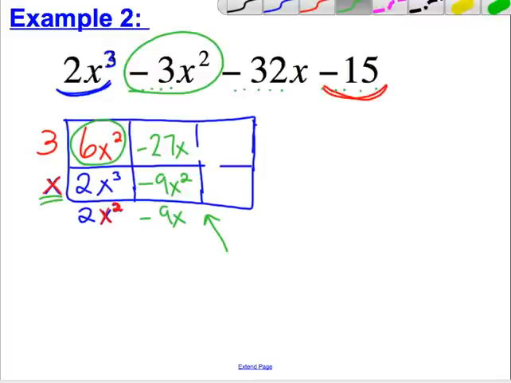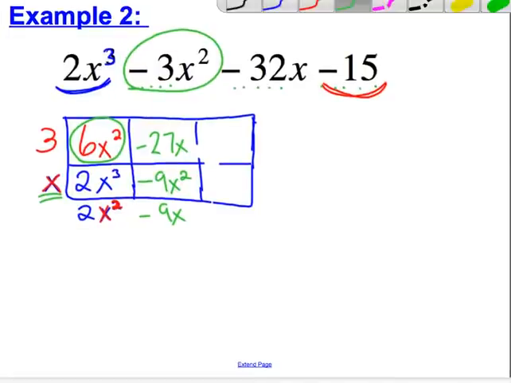So again, before I fill in the next column, I think about what do I want to appear right here so that I have the next term in my polynomial. Well, in order to get negative 32x's, notice you already have negative 27, so I need negative 5x.